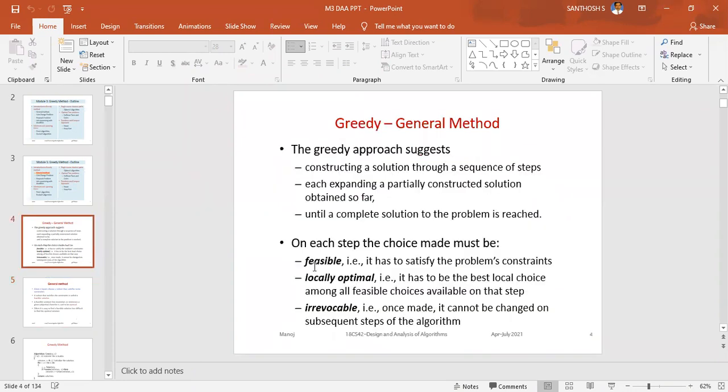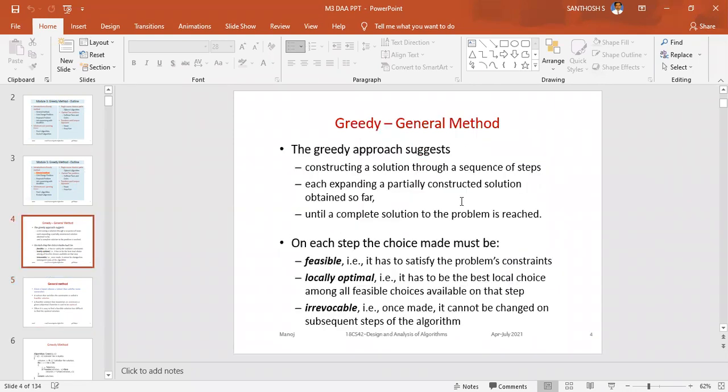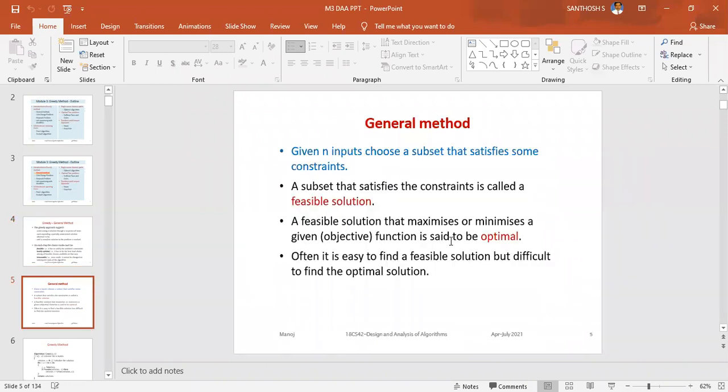So keep this in mind. Now we are going to look at these three concepts: feasible, optimal, irrevocable. Given the n inputs, you choose the subset, and the subset that satisfies the constraints is called a feasible solution. What are the constraints? Constraints can be any conditions depending on the problem.